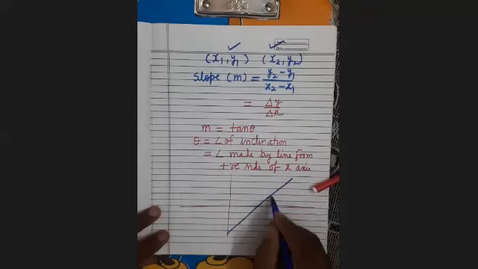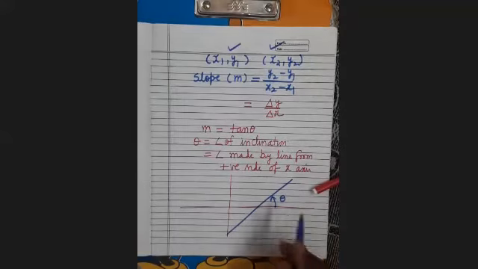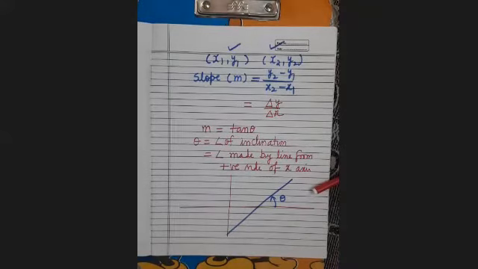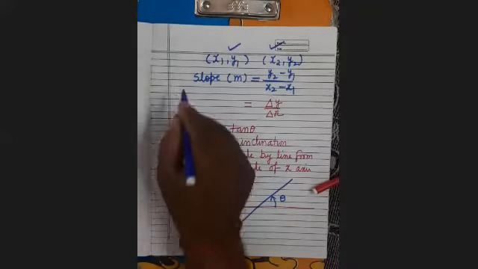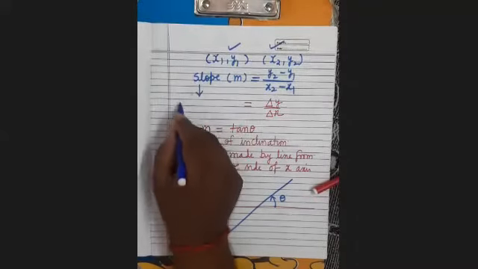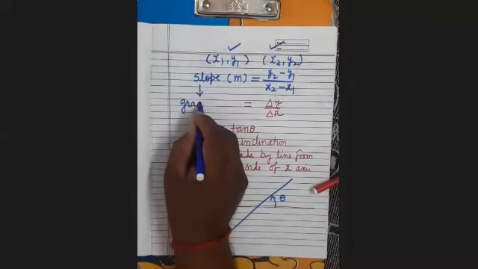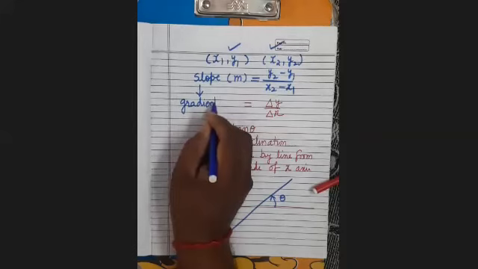Suppose this is a line, so this angle is the angle of inclination, and tan theta equals m. What is the other name of slope? Gradient. It is gradient. It's clear?